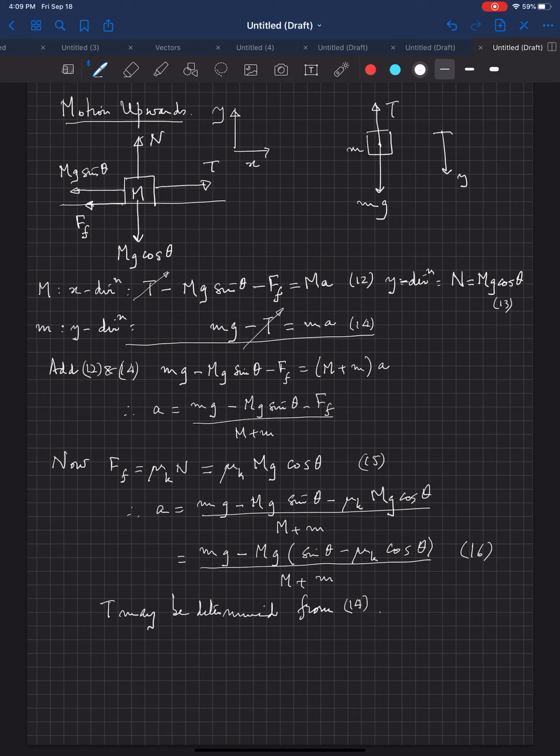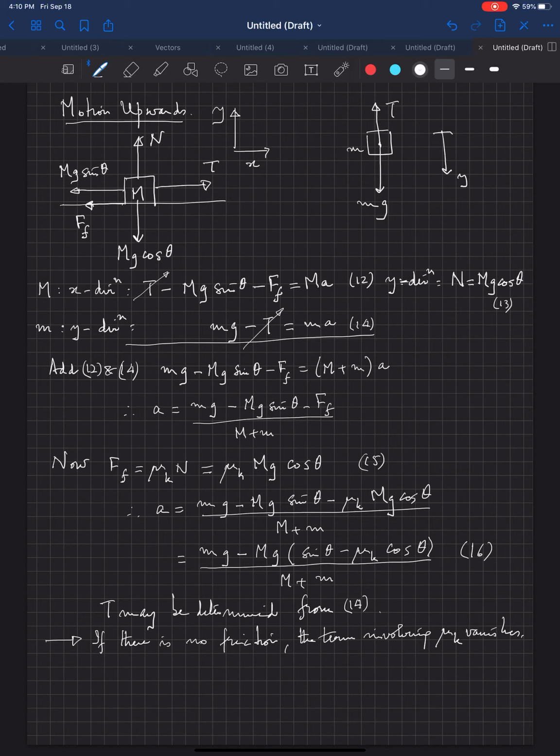Okay, and finally let's talk about the following. If there is no friction, in all the stuff that we've done so far, the term involving mu k vanishes, because there's no coefficient of friction.